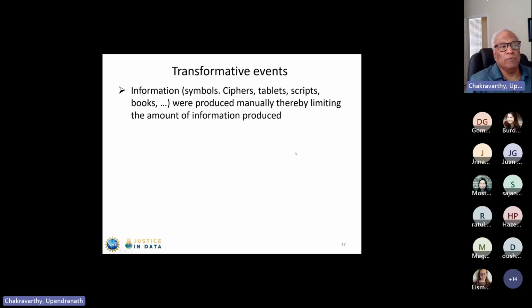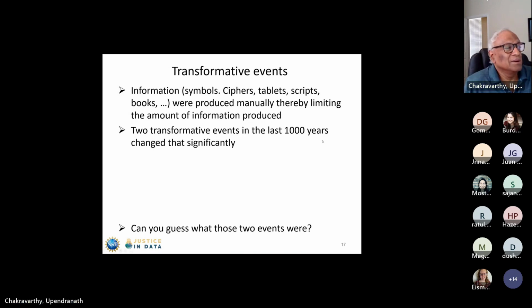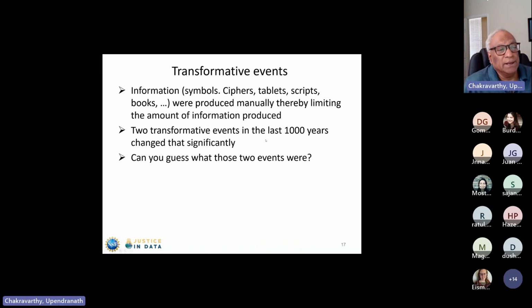So there was a time when books were produced by copying them manually and then making them available. Two transformative events in the last 1,000 years changed that significantly. Can you guess what those two events are? Anyone? You know it?